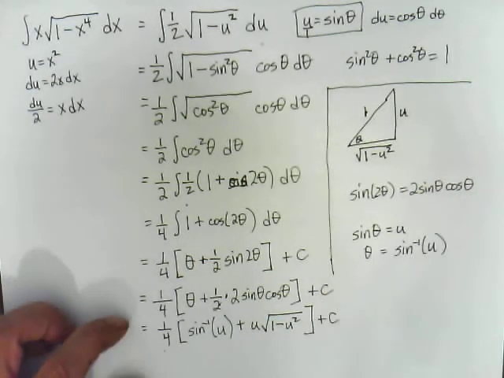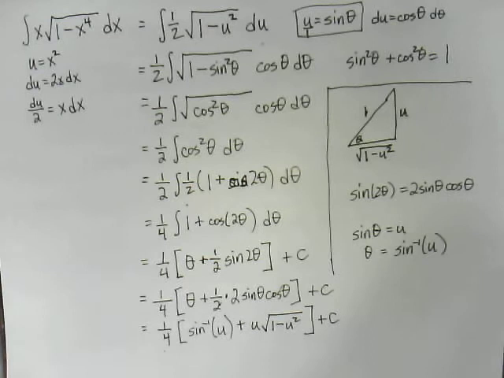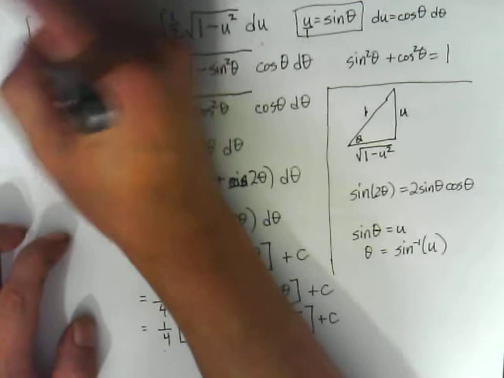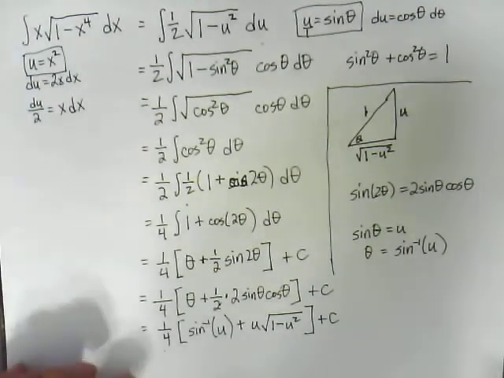All fun and games, but we're not done yet, because this is in u and we still need to go back to x, so we need to use this identity here, and that's just a simple make u x squared. That's not too bad.